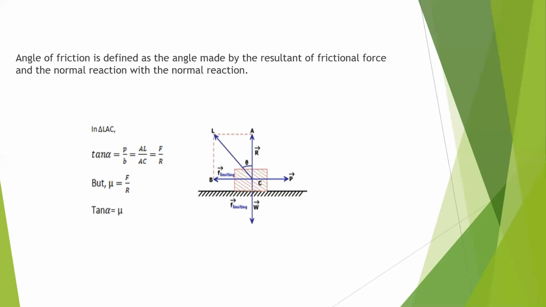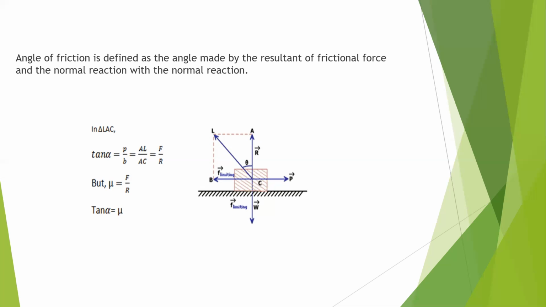next, let us go for some of the definitions related to friction itself. First, we are going to define angle of friction. So what is angle of friction? Angle of friction is defined as the angle made by the resultant of frictional force and the normal reaction.